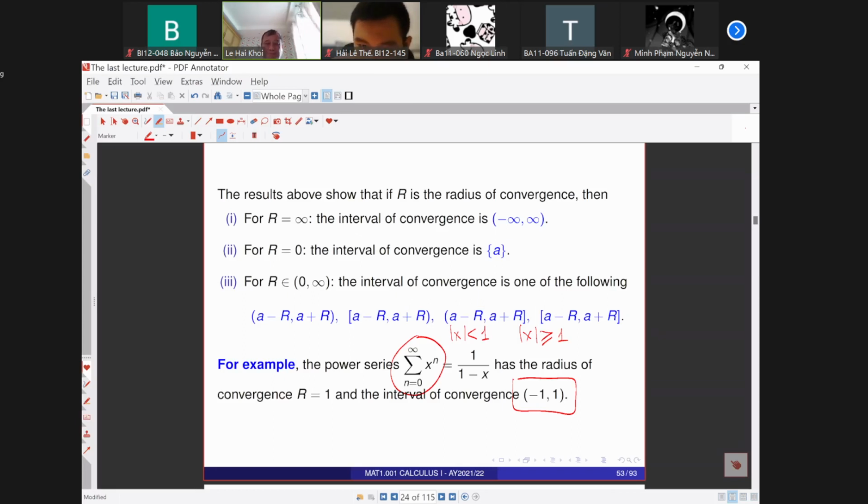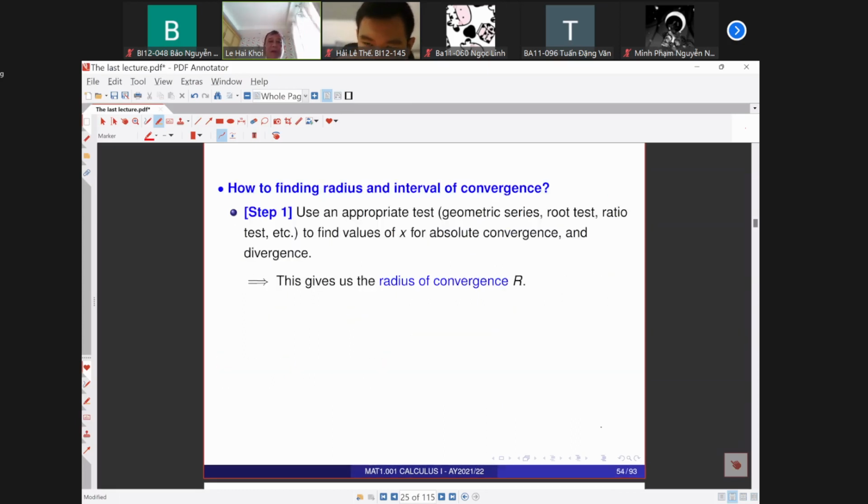So now here is a summary of what you have to understand and remember: how to find the radius and interval of convergence.